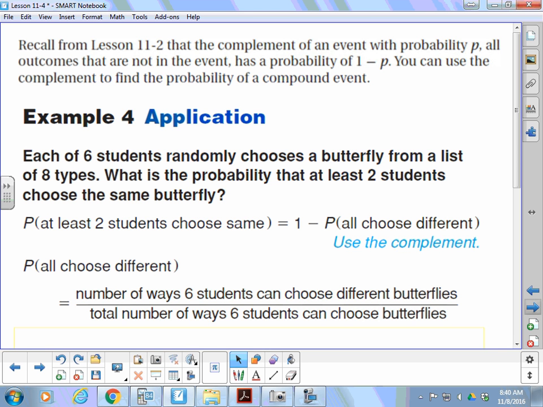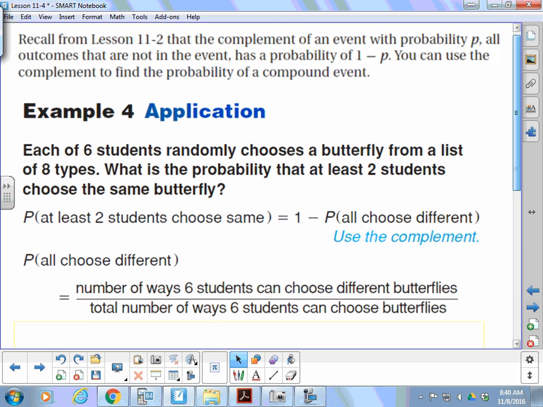Because we know that either they all choose different ones, or 2 choose the same, or 3 choose the same, or 4 choose the same, or 5 choose the same, or 6 choose the same, those things added up are all going to give me the 100% that we're talking about. Right? And so instead of adding 2 and 3 and 4 and 5 and 6 together, we can just do 1 minus the probability that they're all different.